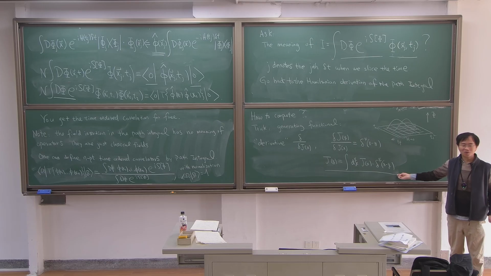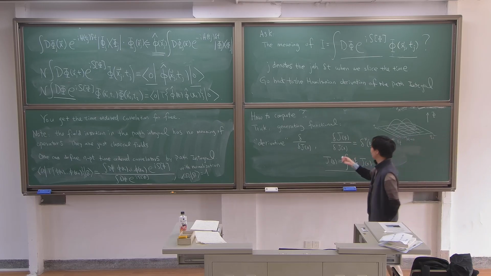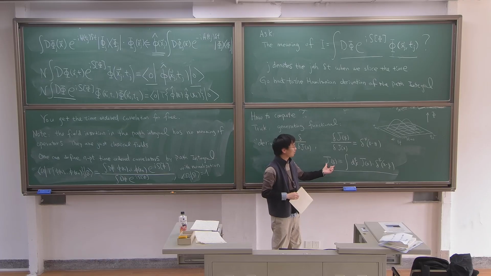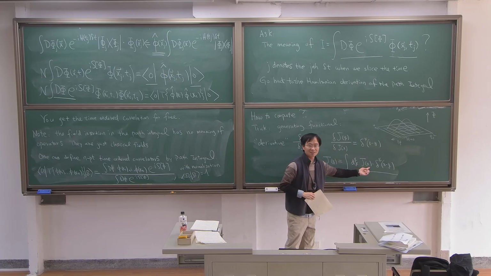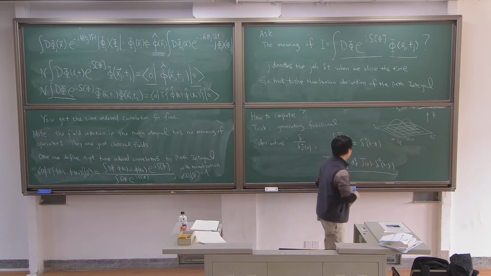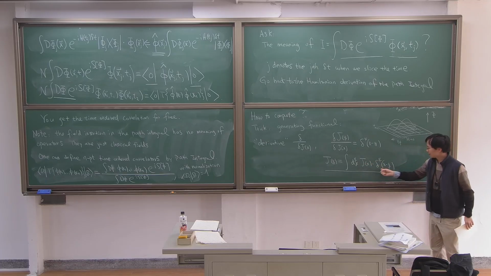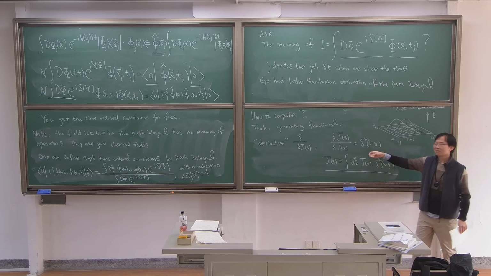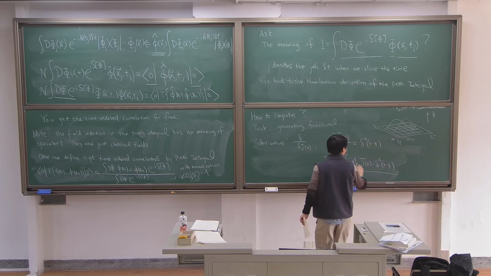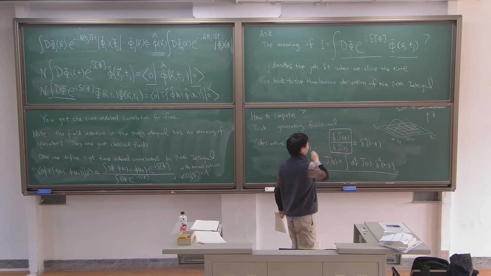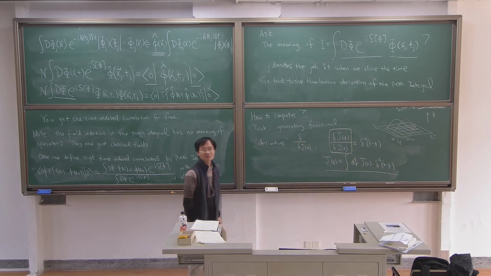Now I'm telling you, you can define a new derivative. If I take the derivative of J(y) with respect to J(x), it amounts to dropping this integral, and then you get a delta function. This is what we knew before. From this, we can define a new derivative.